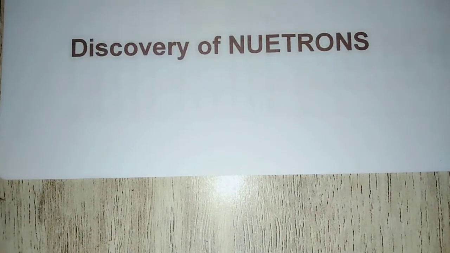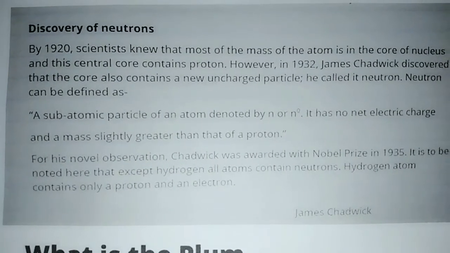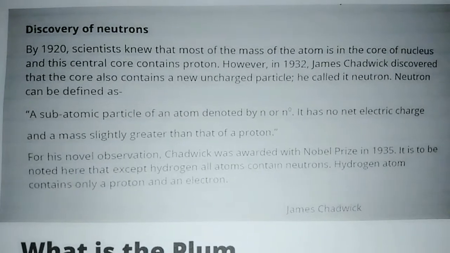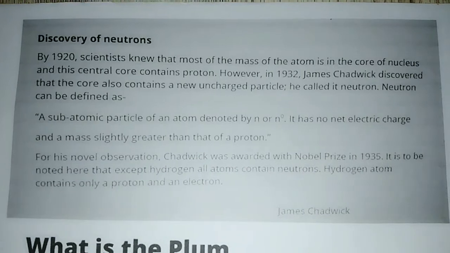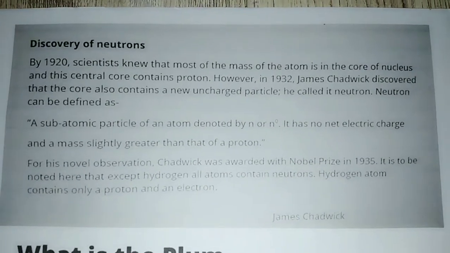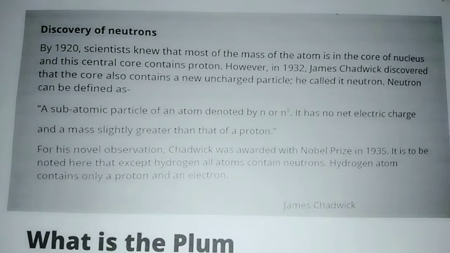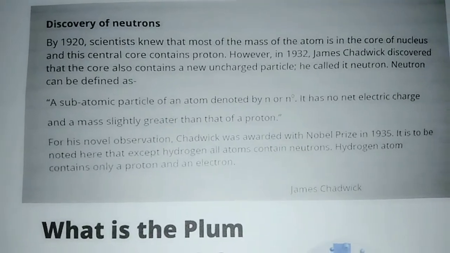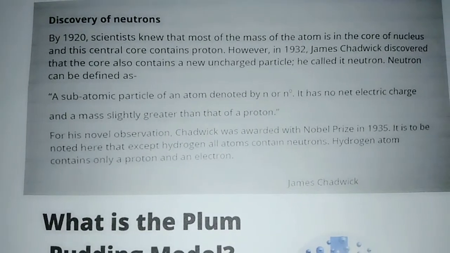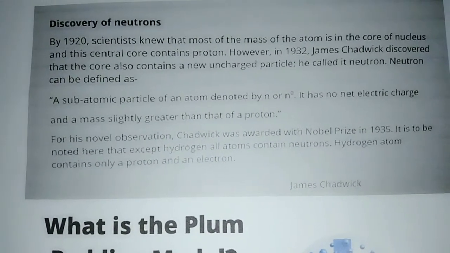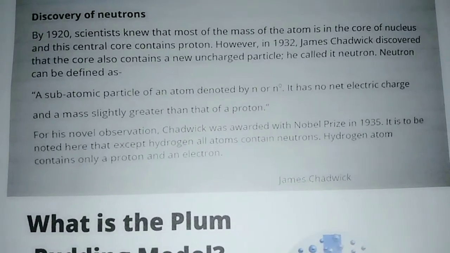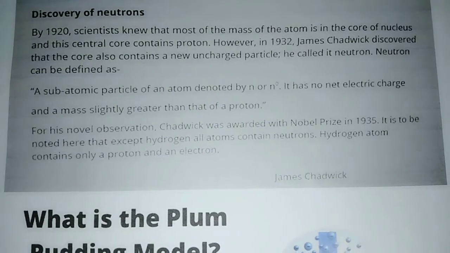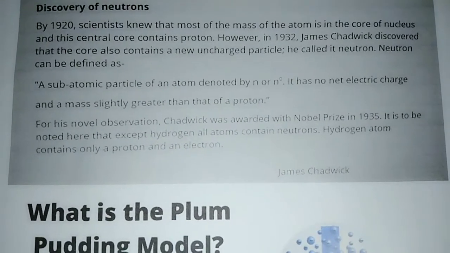Discovery of neutrons. By 1920, scientists knew that most of the mass of an atom is in the core, the nucleus, which contains protons. However, in 1932, James Chadwick discovered that the core also contains a new uncharged particle. He called it the neutron. A neutron can be defined as a subatomic particle of an atom denoted by n or n power 0.